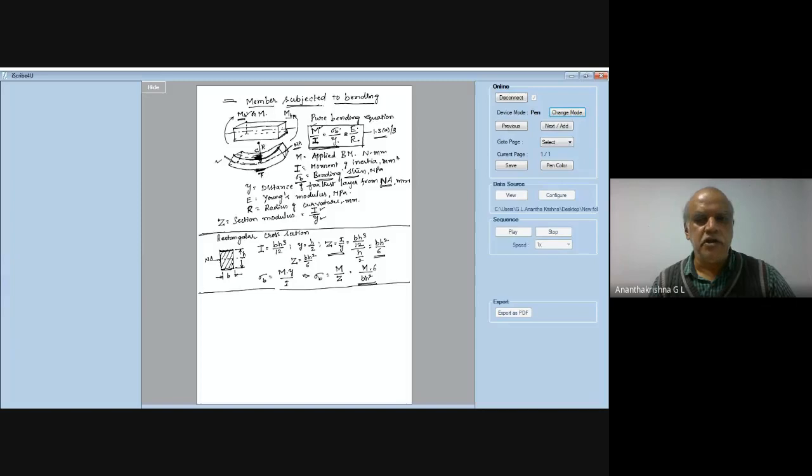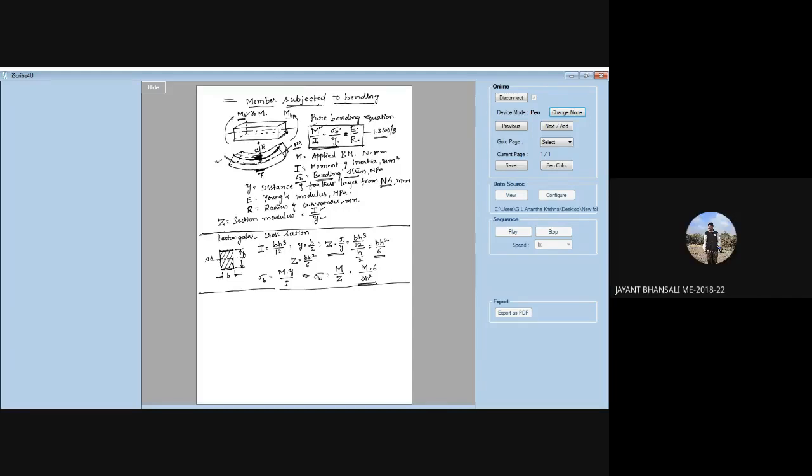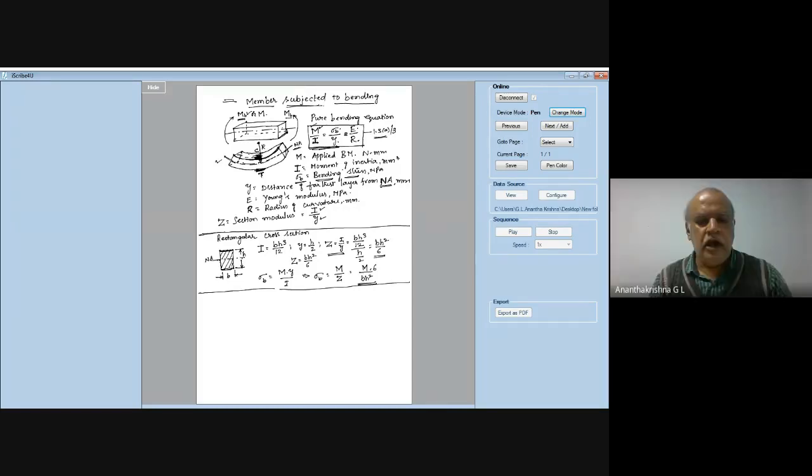The distance to the farthest point is c, given by h by 2, and section modulus Z is, instead of y, he has used c in the data handbook. Are you with me? Yes, sir. And Z is bh square by 6 for a rectangular cross section, right?